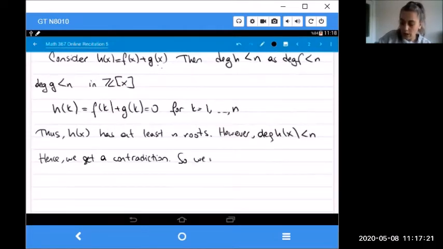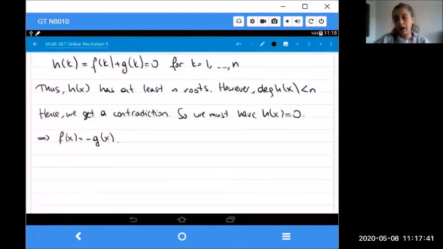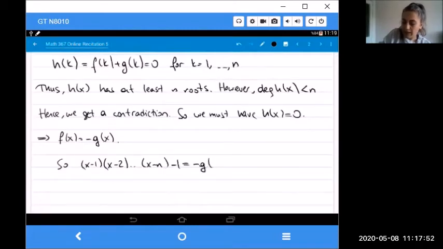So we must have that h of x is just the zero polynomial, and this gives us f of x is equal to minus g of x. By using this knowledge, we can rewrite our original polynomial: (x minus 1)(x minus 2)...(x minus n) minus 1 is nothing but minus g of x squared.